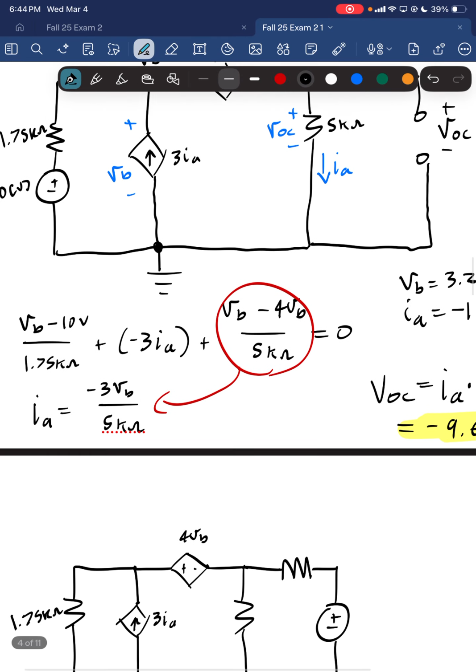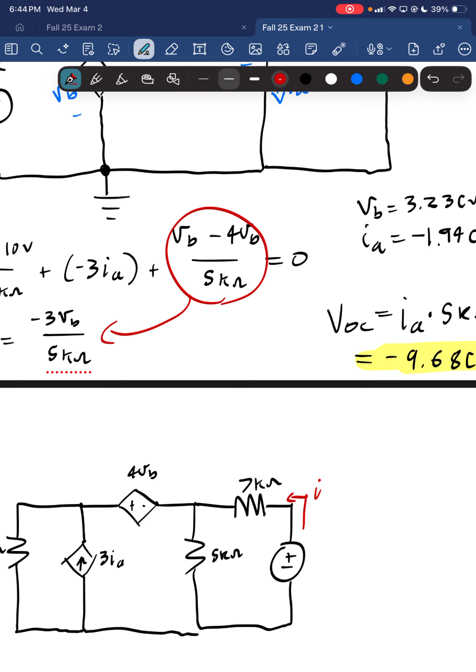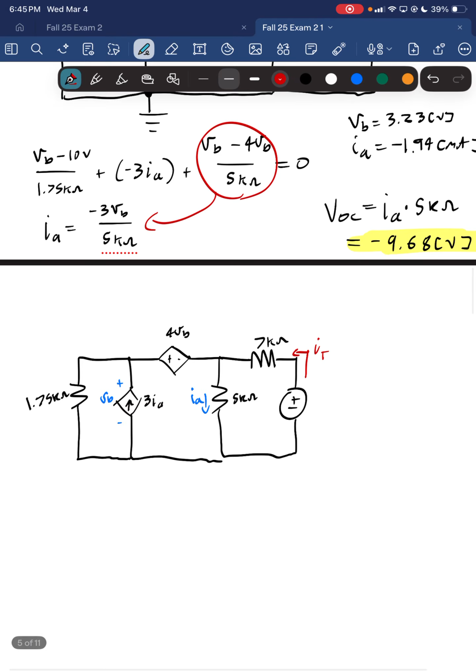And that was what, 7 kilo ohms? Yeah. 7 kilo ohms. This is the current that we are trying to solve for, IT. And of course, we still have our IA and our VB. And this is our 1 volt.